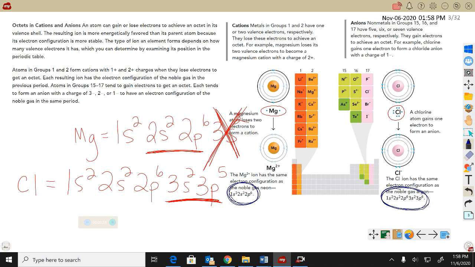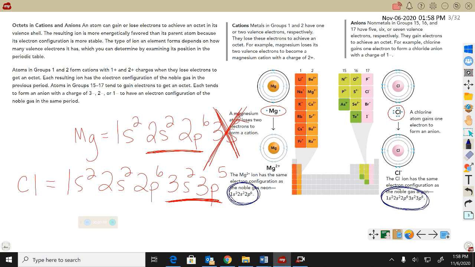It's important to note that the electron structure will look like a noble gas. Everybody's jealous of the noble gas electron structures. But the nucleus is still a magnesium or a chlorine nucleus. We're not changing the number of protons or neutrons. And eventually that's what gives us the charge.